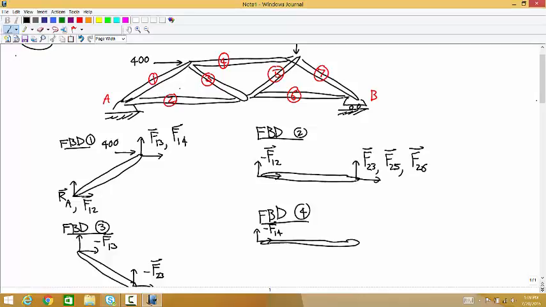This is obviously not the way it would really look, but it's a way to understand how the forces work. We lump the pin in with the lowest numbered member. So that pin is part of member 2.